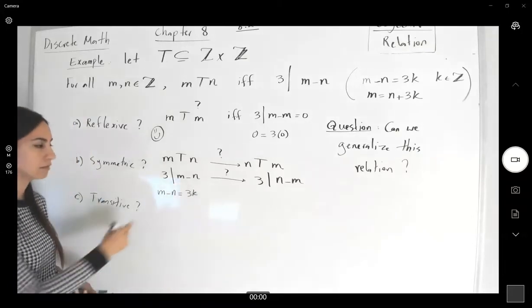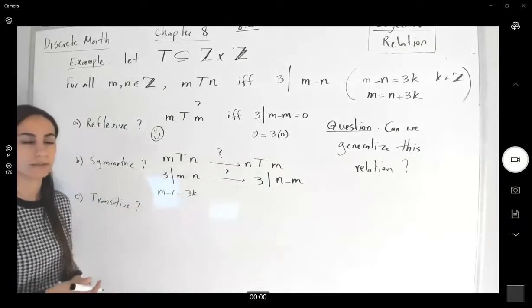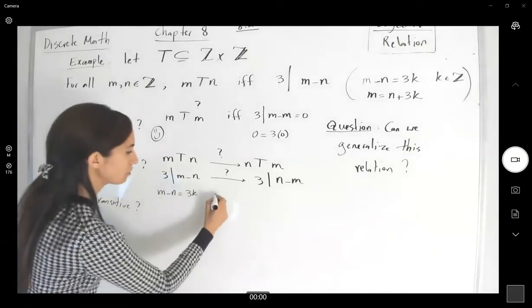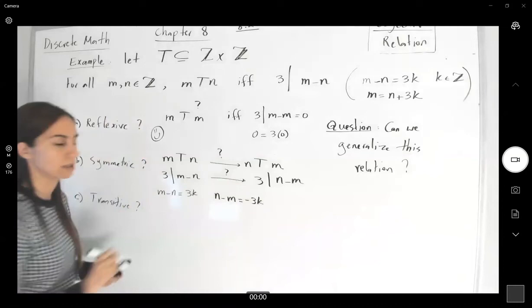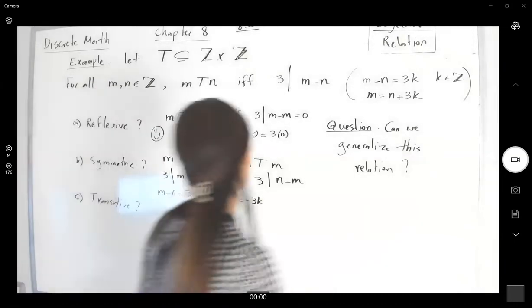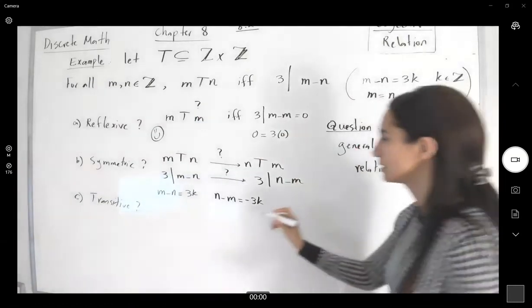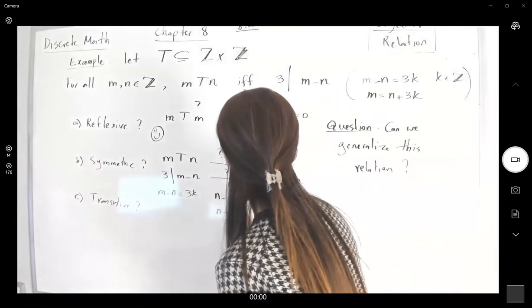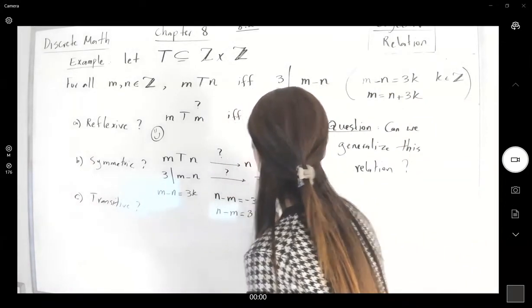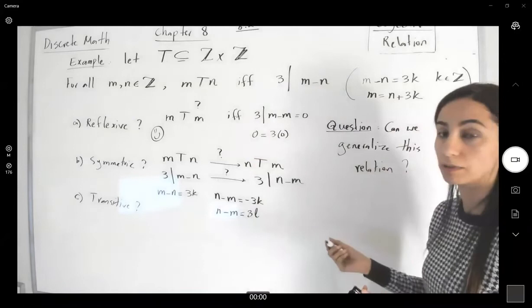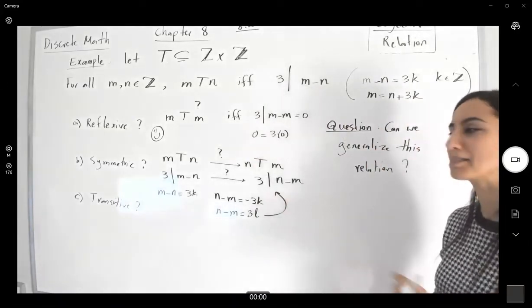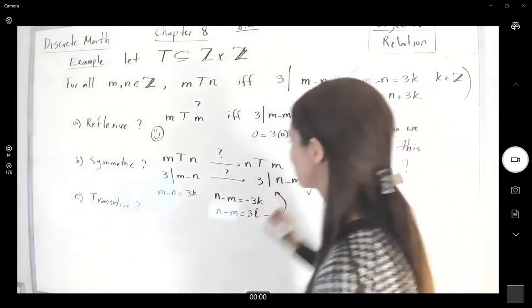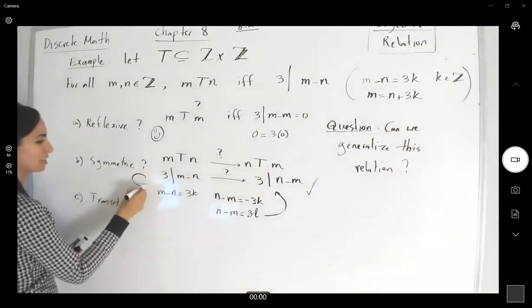Now multiply both sides by a negative sign. You get N minus M equals negative 3k. But negative k can be called L. So N minus M is equal to 3L. What's the meaning of that? It means that 3 divides N minus M. So it is symmetric.